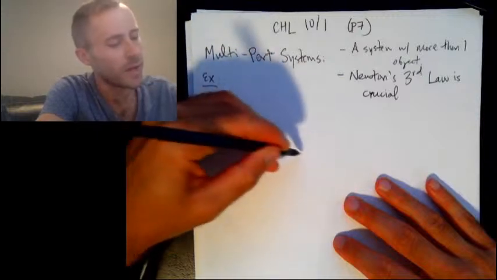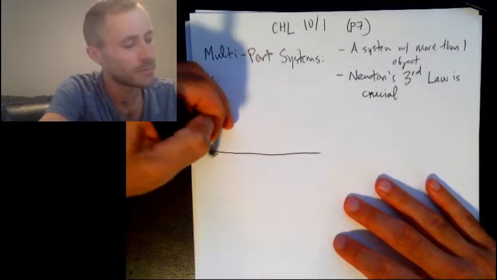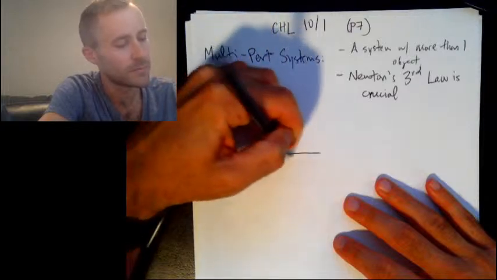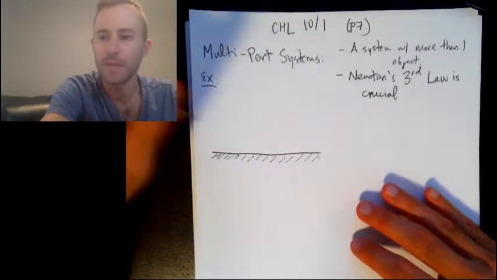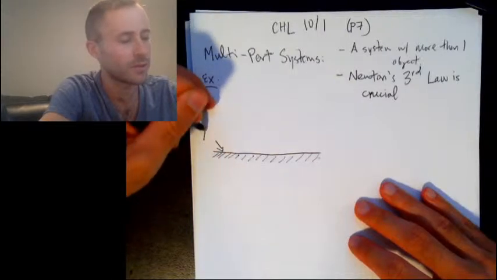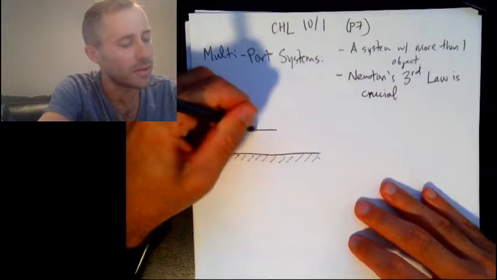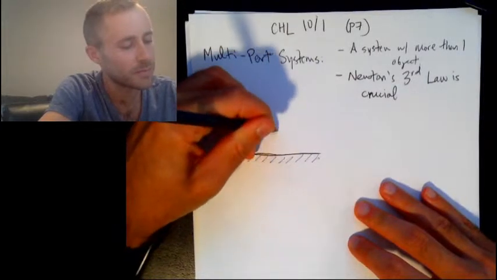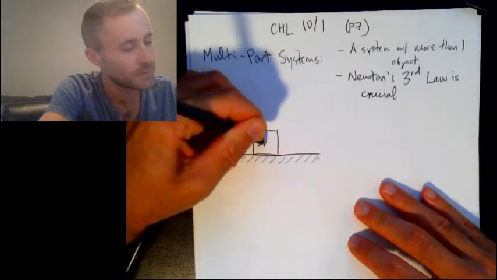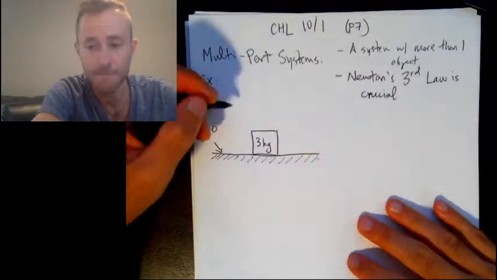So suppose we have a floor. And the floor is frictionless, so it has mu equals 0. There is a 3 kilogram block sitting on the ground, okay?